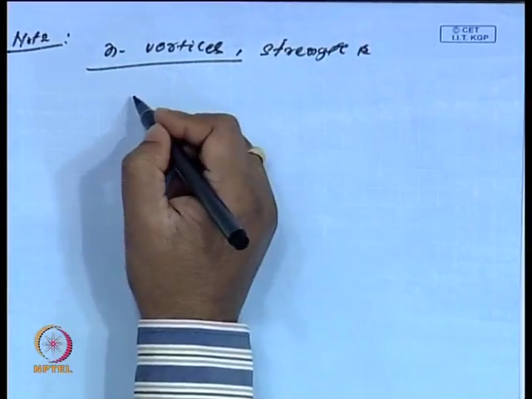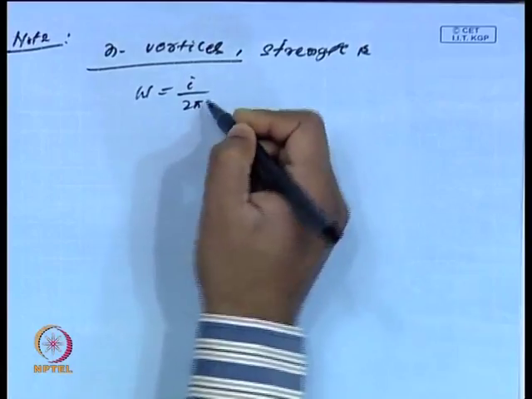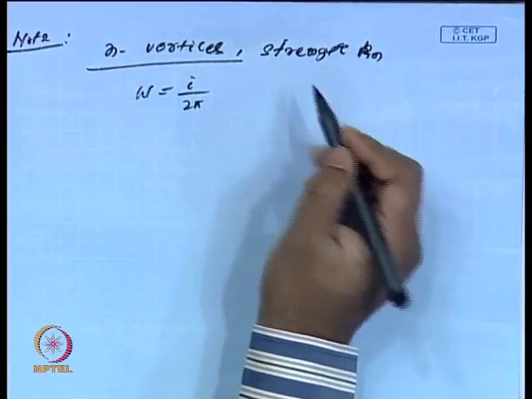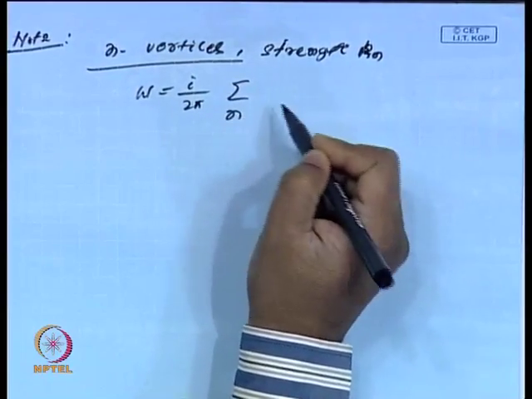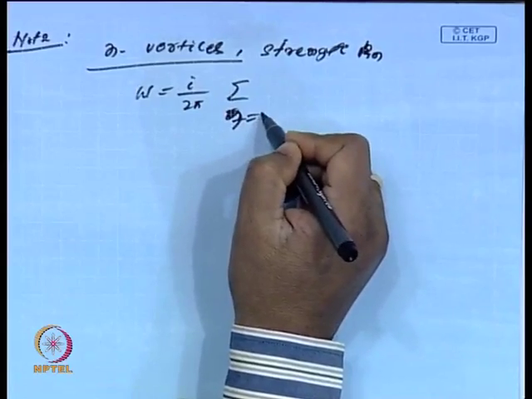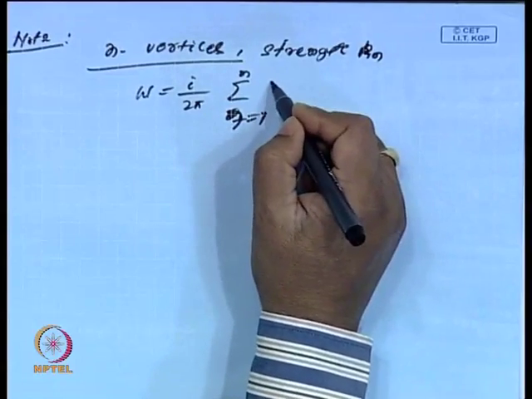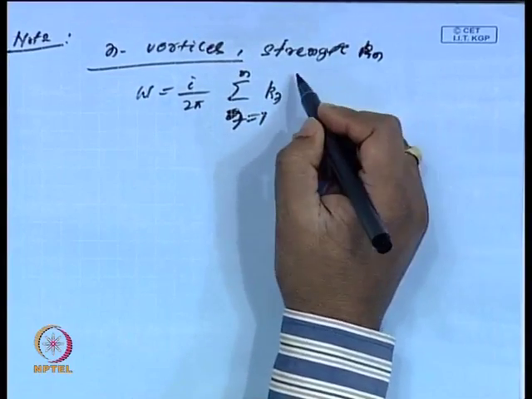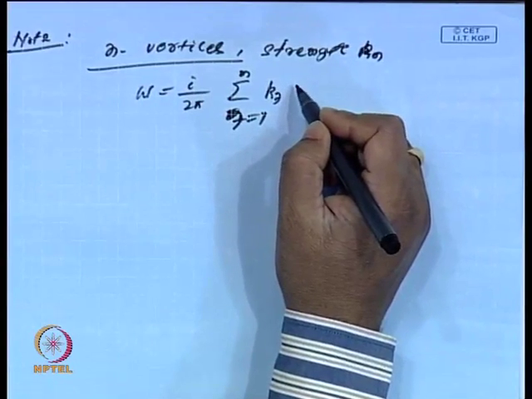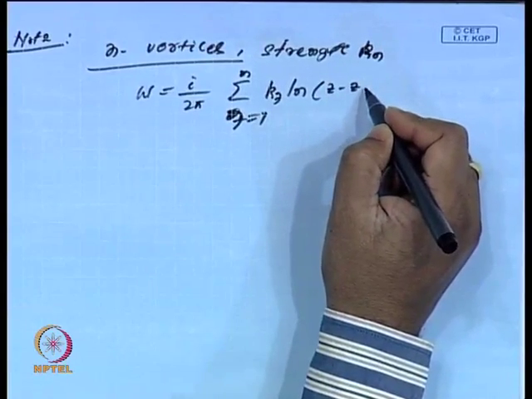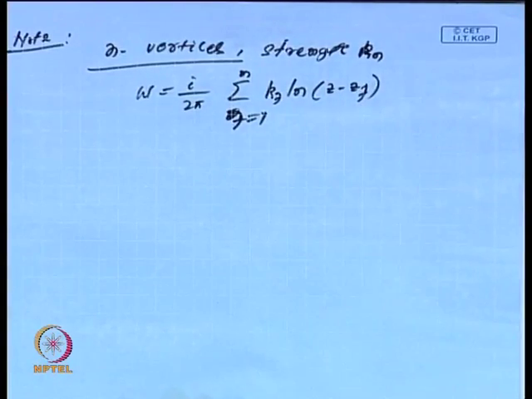It can be easily seen that w is equal to i by 2 pi sigma j is equal to 1 to n, k j into log z minus z j, where each of the vortices is at the point z is equal to z j.